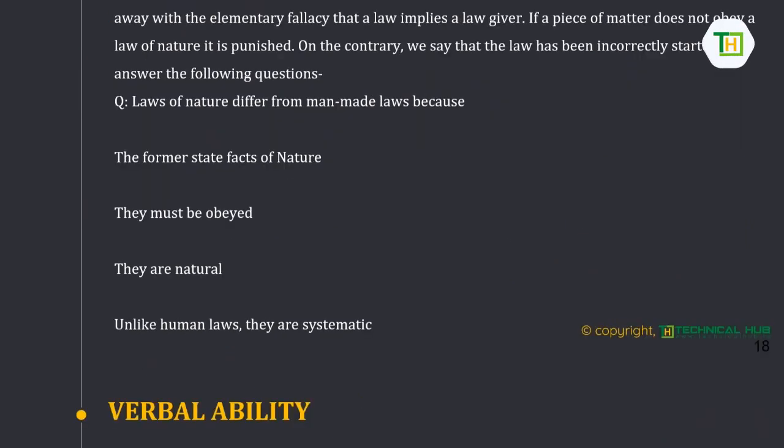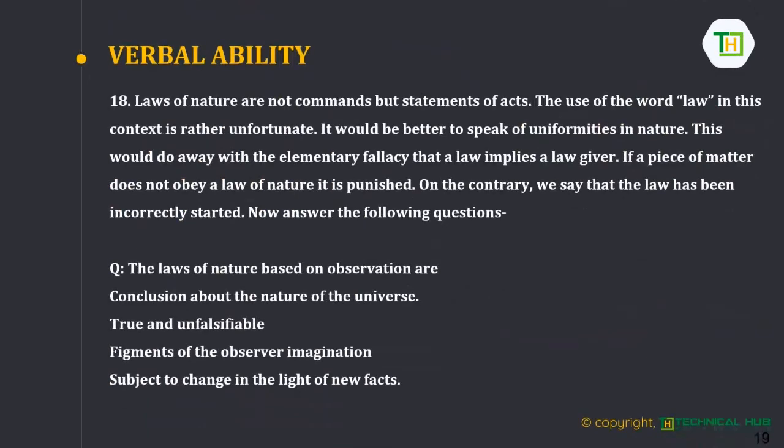Laws of nature are not commands but statements of facts. Let us go for the question now. The laws of nature based on observation are... based on observations, what can you observe from that?